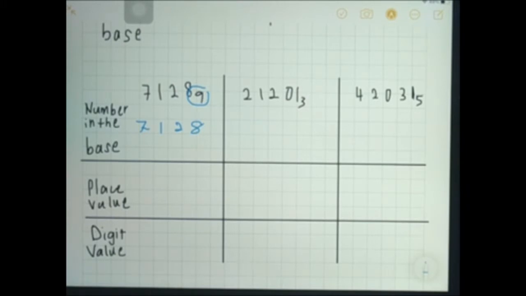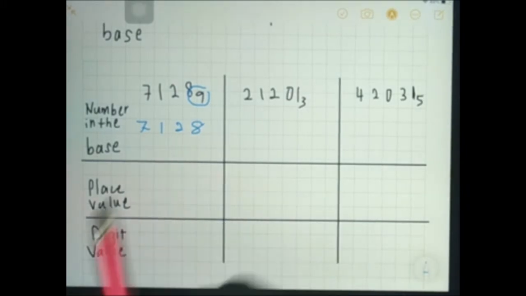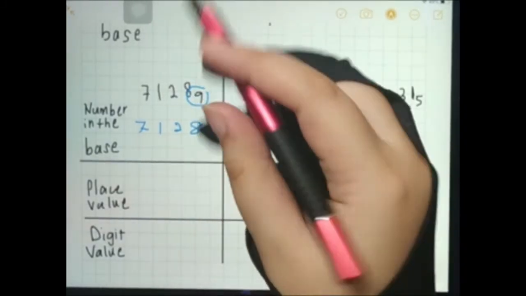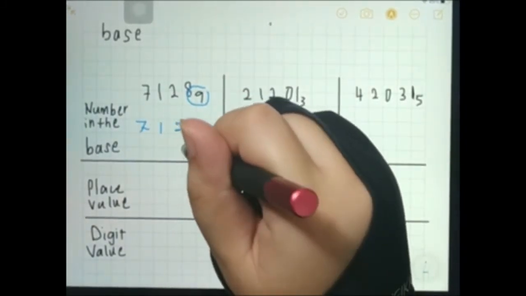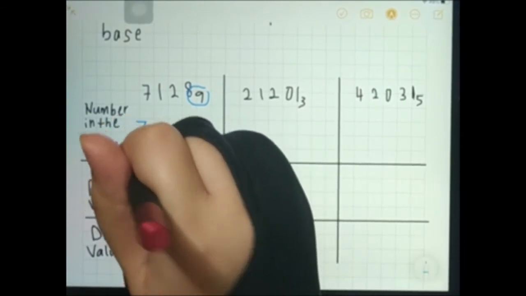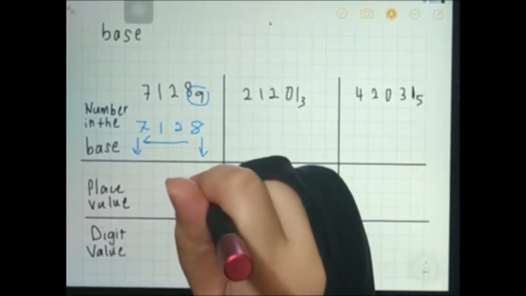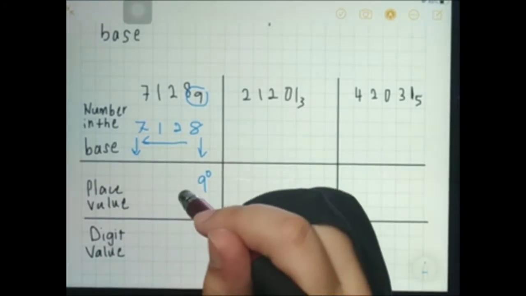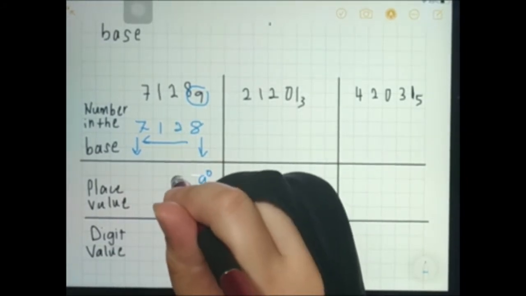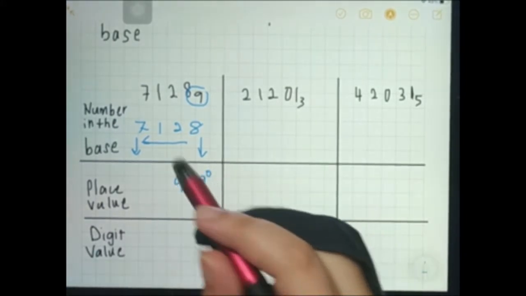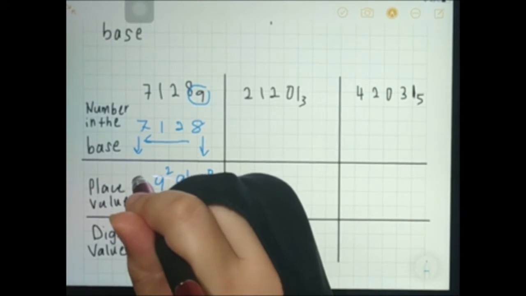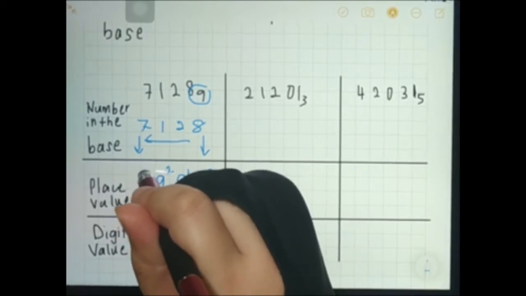So we separate the digits and write down the place value in base 9, starting from the right and working our way to the left. So 8, its place value is 9 to the power of 0. 2, its place value is 9 to the power of 1. 1, its place value is 9 to the power of 2. And 7, its place value is 9 to the power of 3.